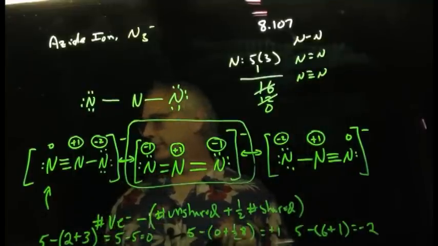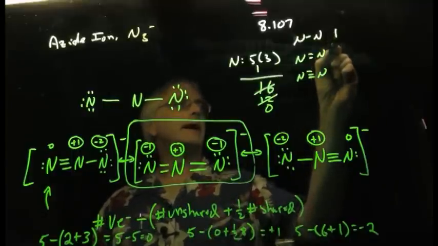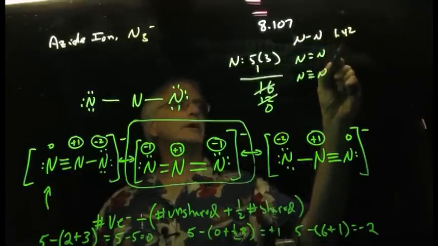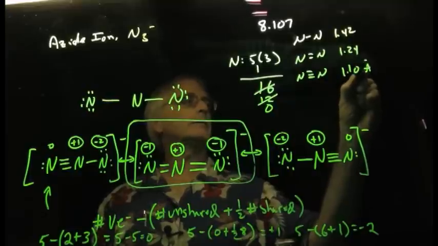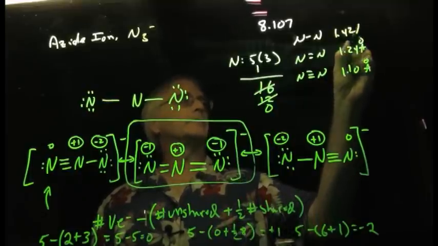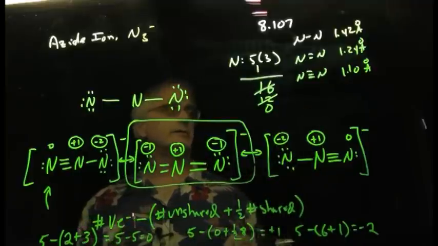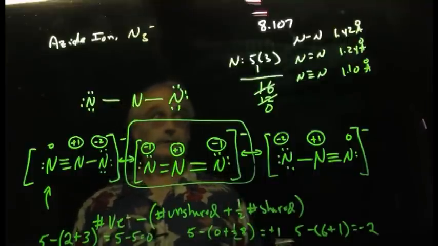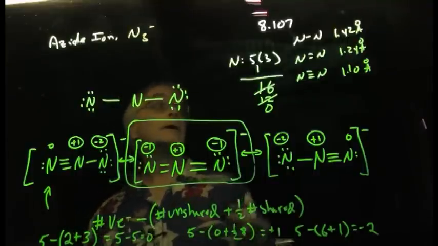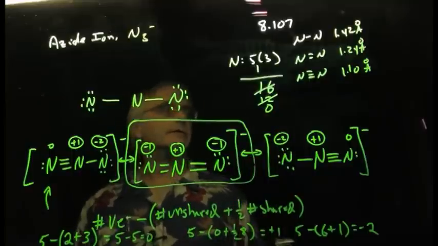And they're on table 8.5 in the text. And they are 1.42, 1.24, and 1.10. Those are all in angstroms. This from a textbook that says, oh, we must use SI units, and they go and use angstroms, which are commonly used in chemistry, but it's like, really, not 142 picometers and so forth. But that's what the table gives us.